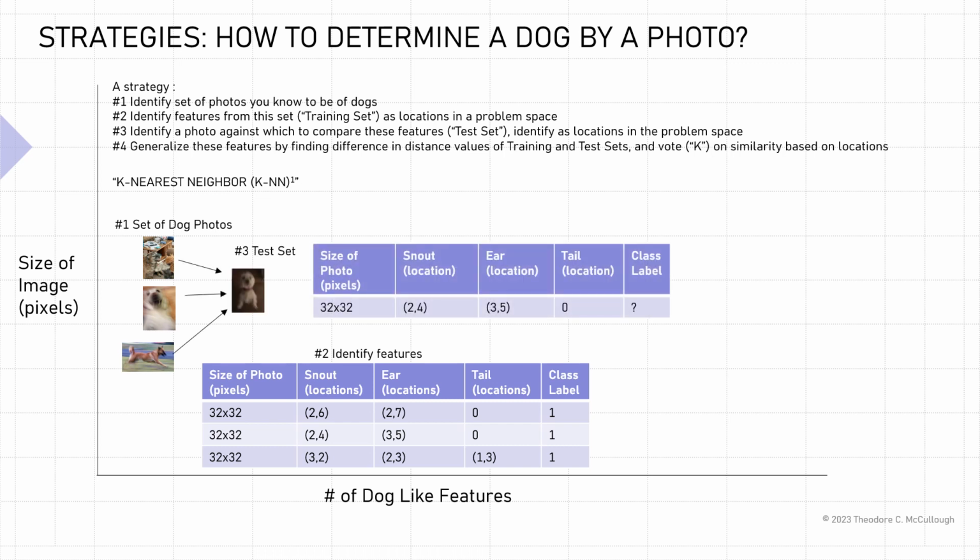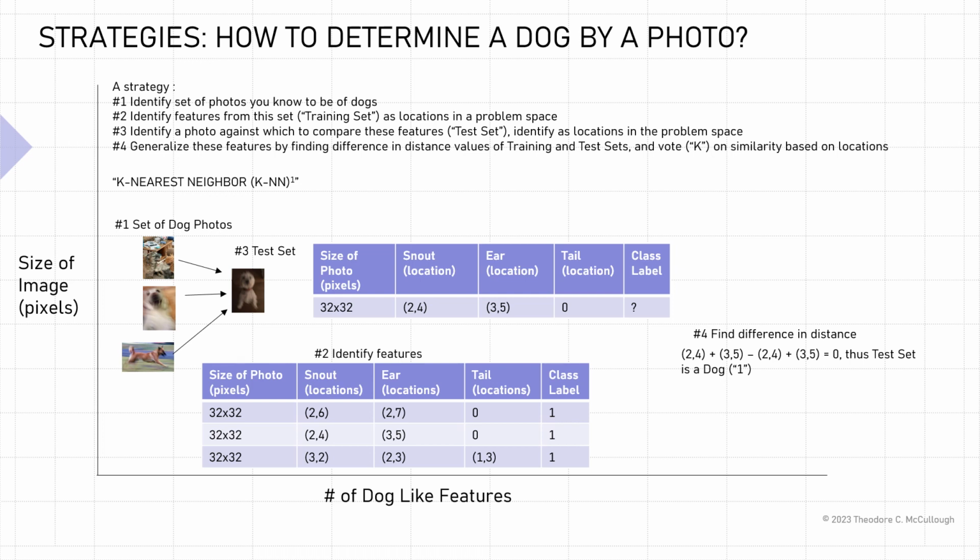Next, you'll create a test set by taking a photo, and from that photo, identifying features such as, for example, a snout location, ear location, tail location, and then the label will be unknown because you're going to need to determine whether or not that photo is of a dog or not. Then you'll compare the difference in distances between the test set and the training set.